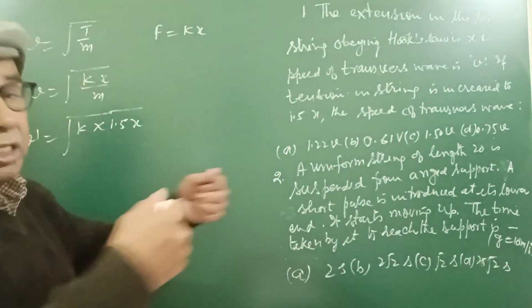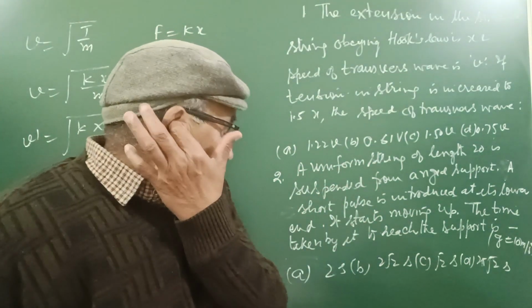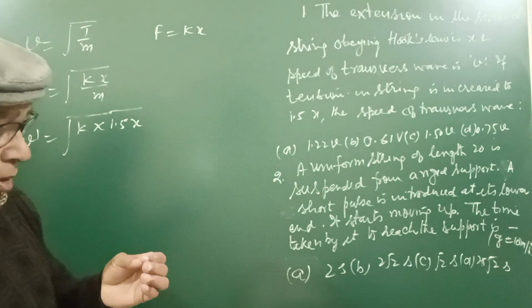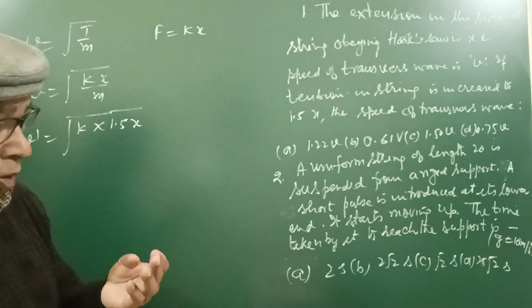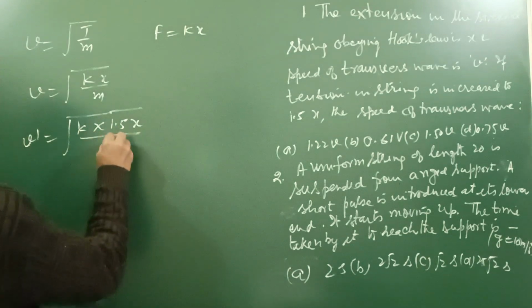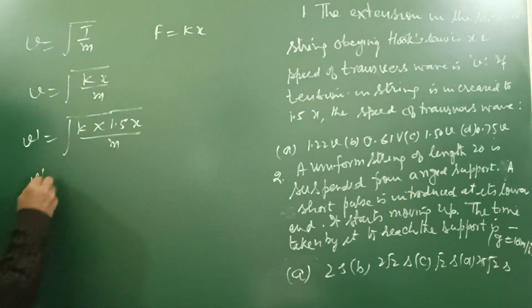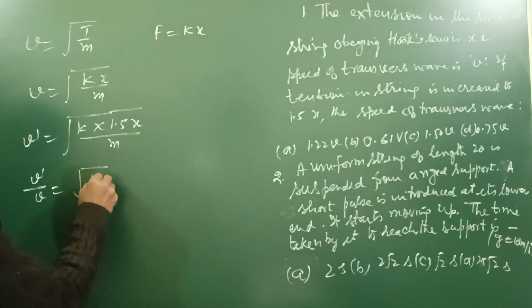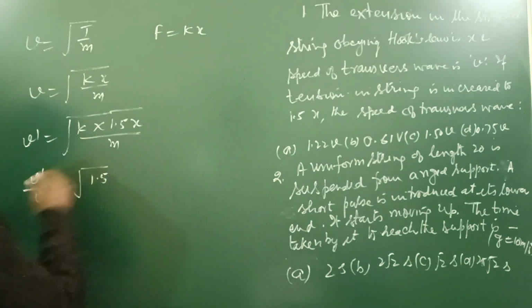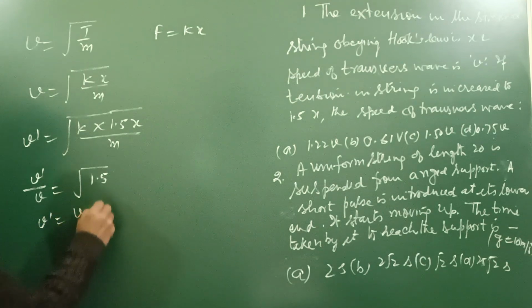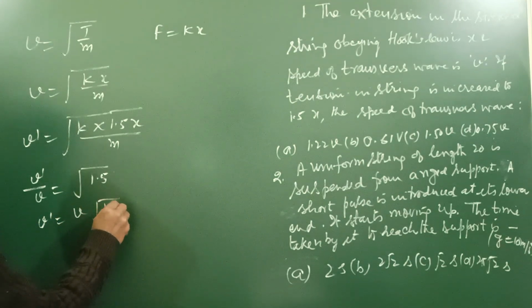If we stretch a wire, then we apply force and the string applies restoring force, equal to kx upon m. So v dash upon v left only under root 1.5. So v dash is equal to v into root 1.5.